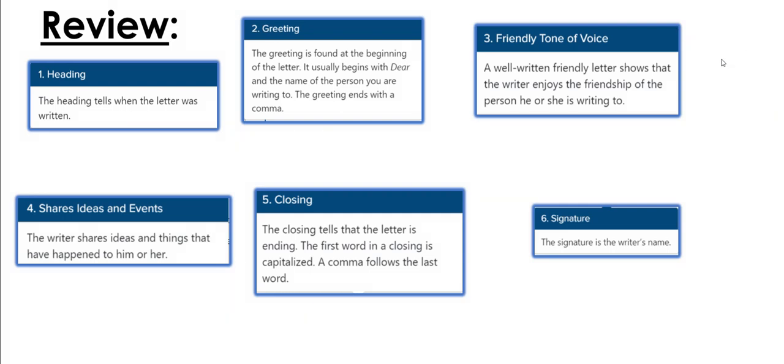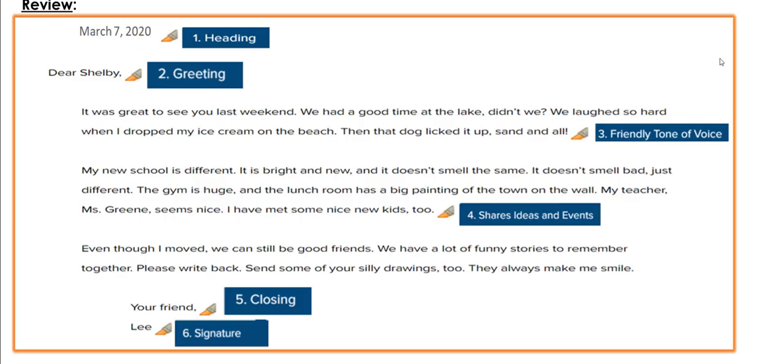Let's continue. Here is an example of a letter. I'm going to read it for you so you can notice all the features. We start with the heading, March 7, 2020. Dear Shelby, what is this? This is the greeting. So now I have two parts: the heading and the greeting.